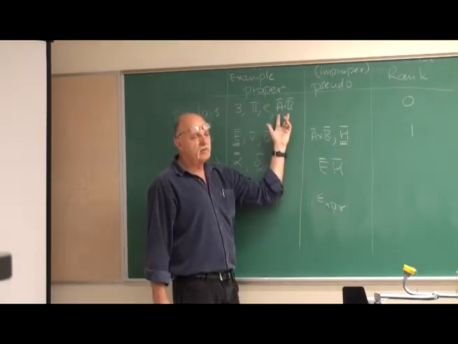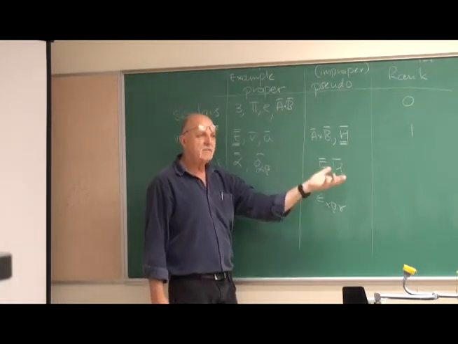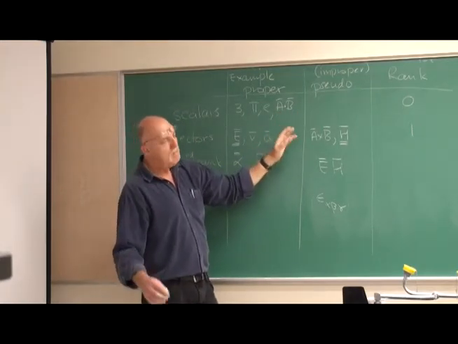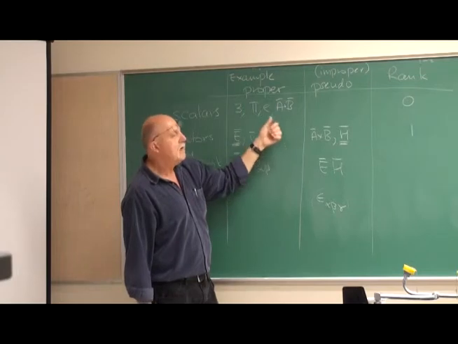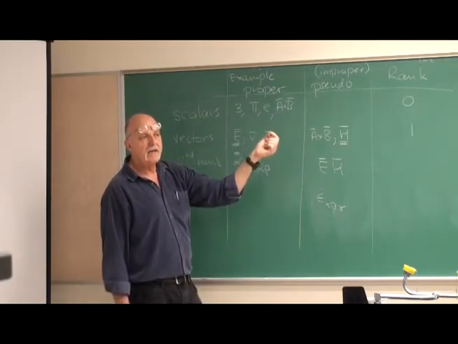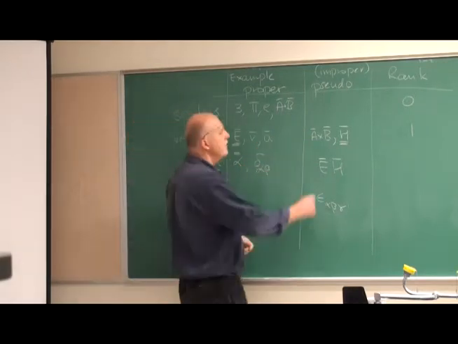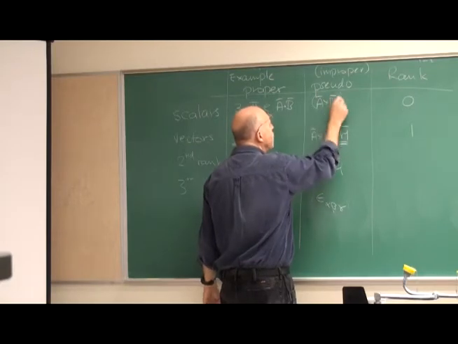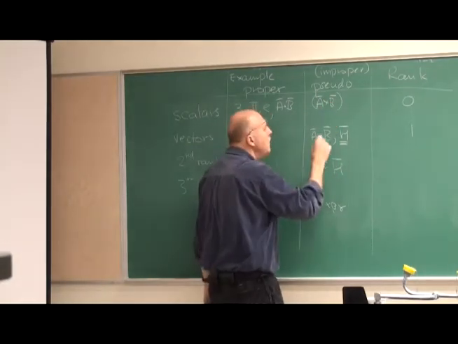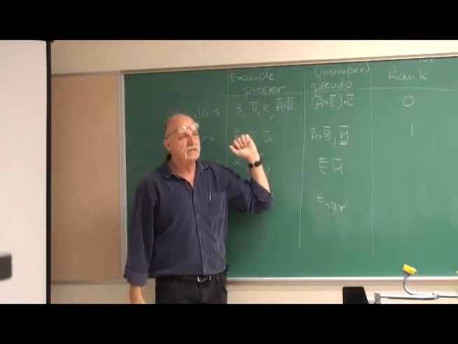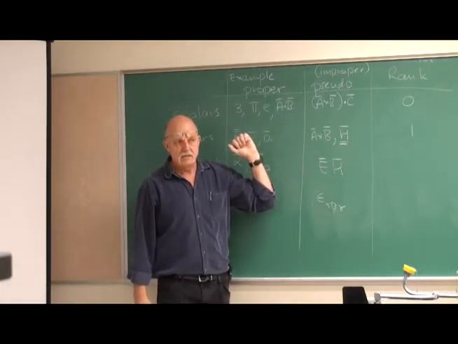But this is a scalar. The dot product of two proper vectors is a scalar, right? If I invert, this changes sign, this doesn't, everything is good. But if I take the dot product of a proper vector and a pseudo vector, I have a scalar, and that scalar will change sign, right? So if I take A cross B, which is a pseudo vector, and I dot it with a proper vector, I now have something that changes sign.